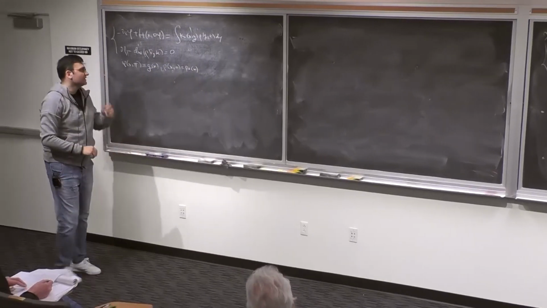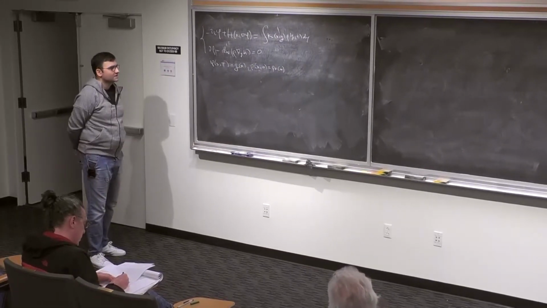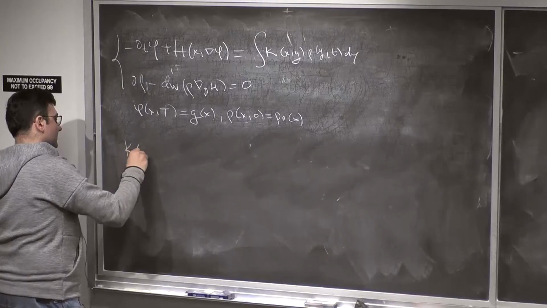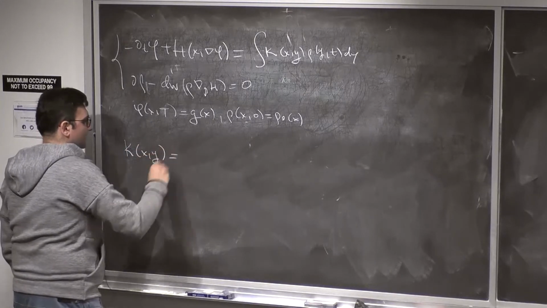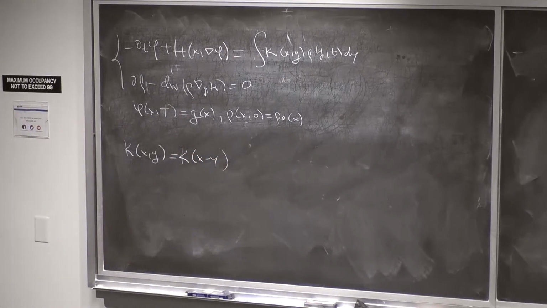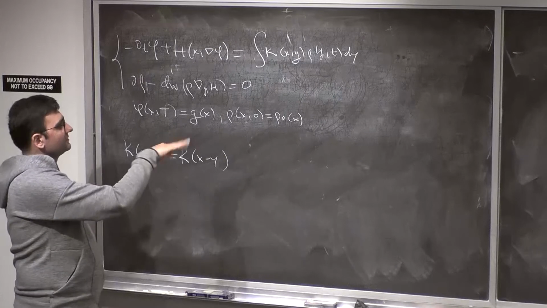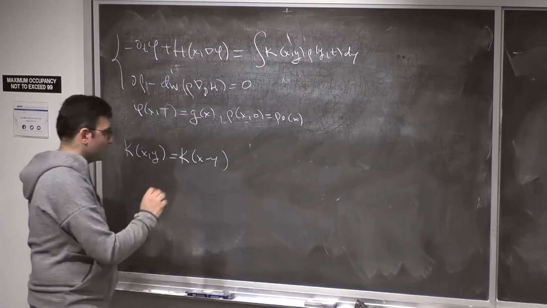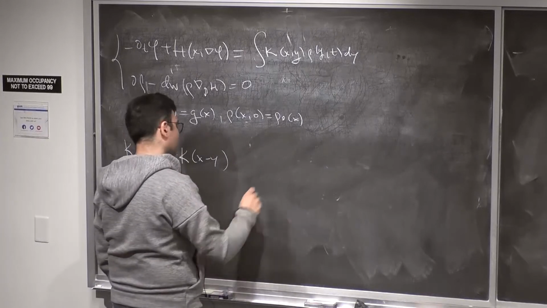The idea comes basically from a simple observation in Fourier analysis, which is the following. Let's assume that k(x,y) is a convolution kernel. And let's say we're in a periodic setting, although I will not need it later, just to explain the idea.